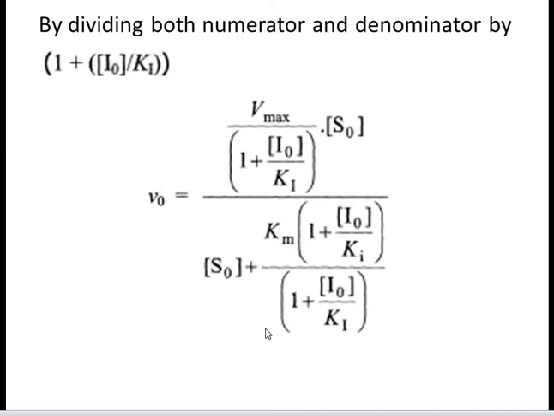Then we will get V_max times [S0] divided by (1 + [I0]/K_I), divided by [S] + K_m (1 + [I0]/K_i) divided by (1 + [I0]/K_I).